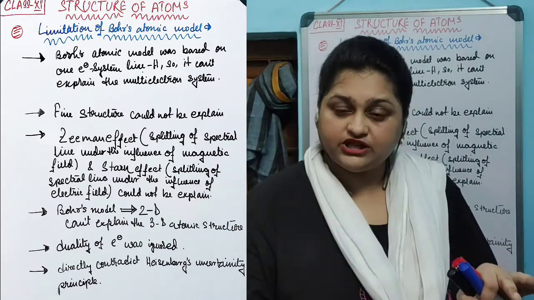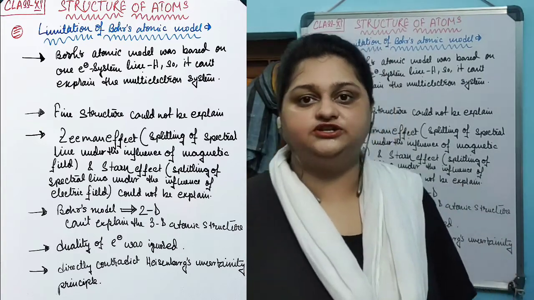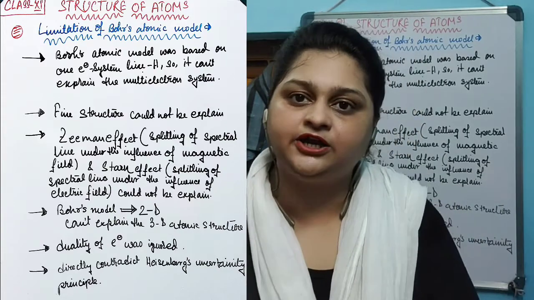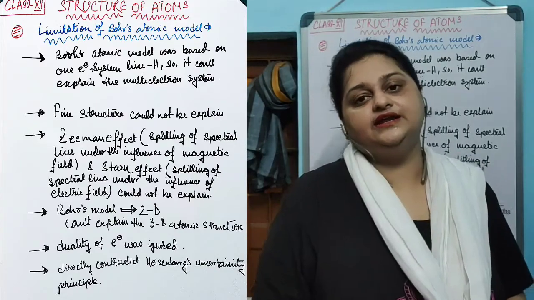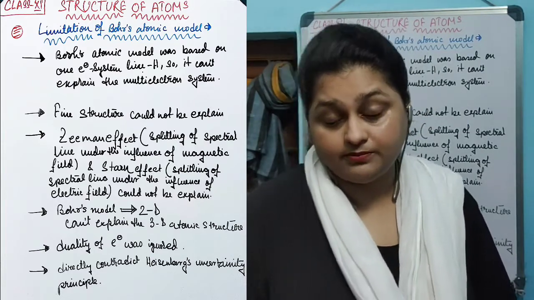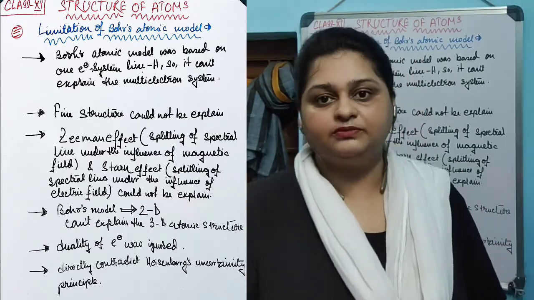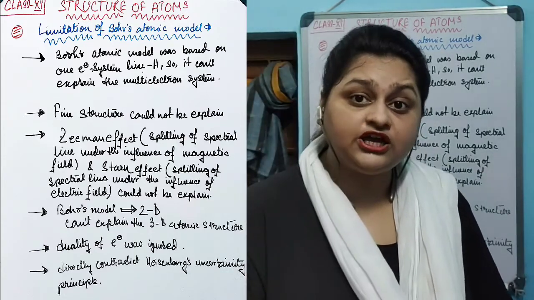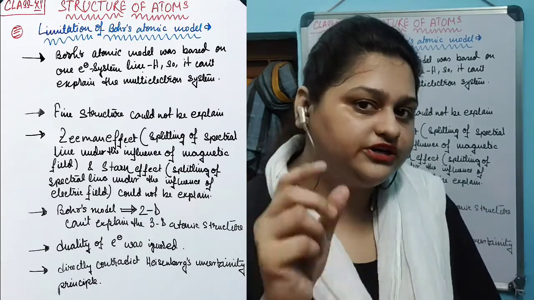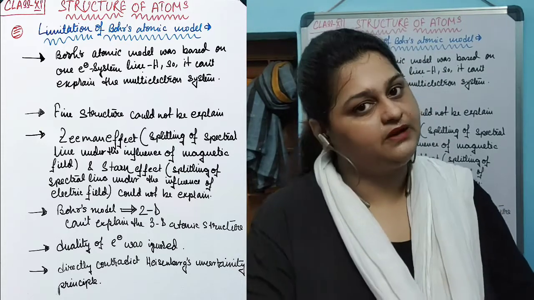This splitting of line spectra into multiple lines under the influence of a magnetic field was discovered by the scientist Zeeman, and after his name it was termed the Zeeman effect.